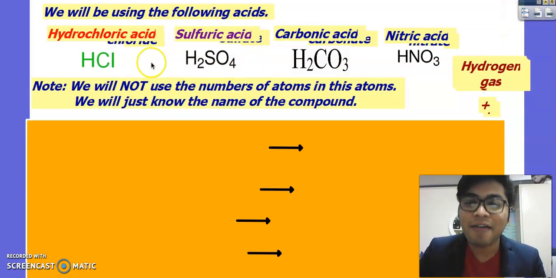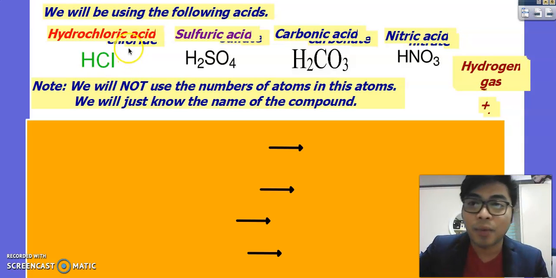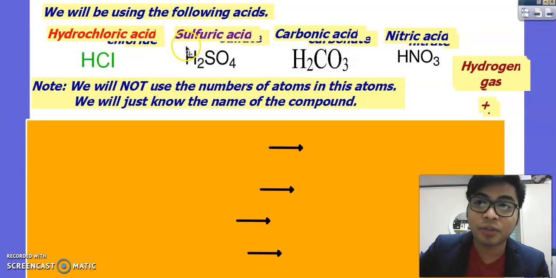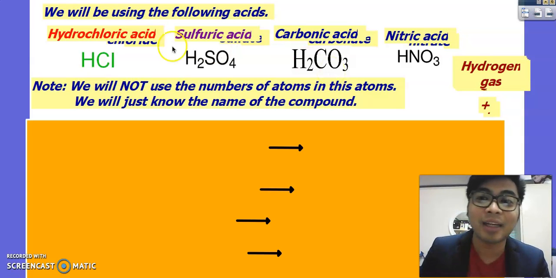Okay, so I have here 4 kinds of acid that we will be using. We have hydrochloric acid, HCl. We have sulfuric acid, H2SO4. Another one is carbonic acid, H2CO3. Nitric acid, HNO3. Notice that these 4 acids always contain hydrogen.